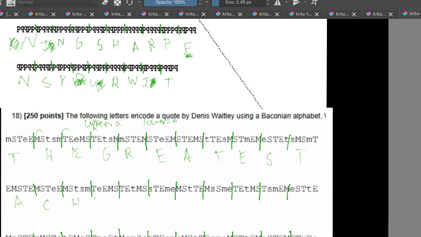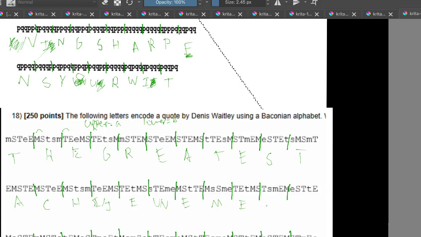ABAAA is an I or a J. This is an E. BAABB, this is a U or a V. This is an E again. This is ABABB, it's an M. AABAA is E again.